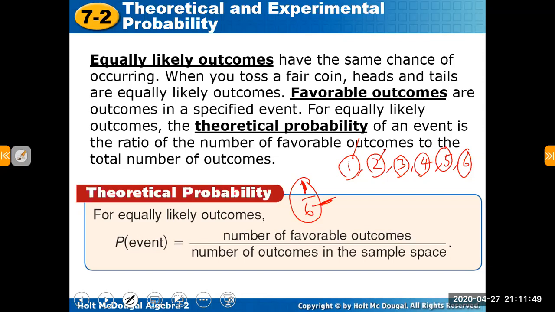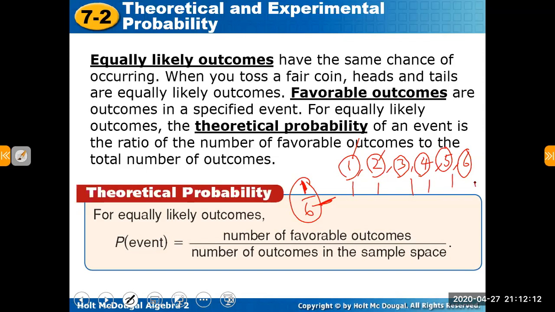When you toss a fair coin, one side is heads, one side is tails. Whenever you are tossing it, you have 50-50 chances of each. That means heads and tails have equal chances. The same goes for these numbers. These all have equal chances of coming up.